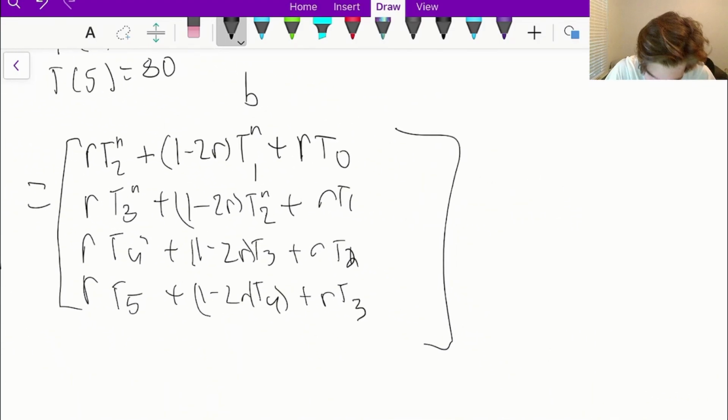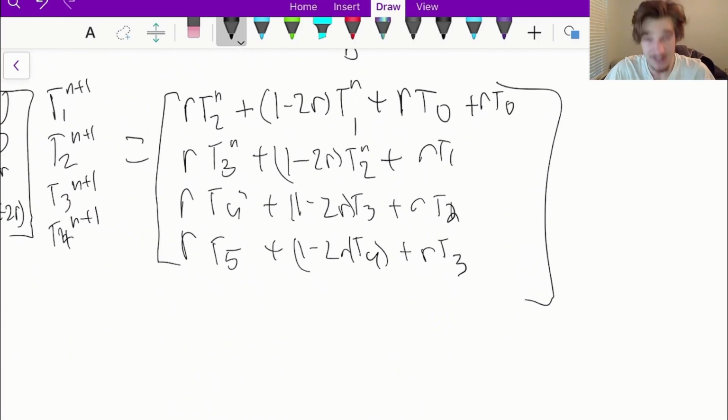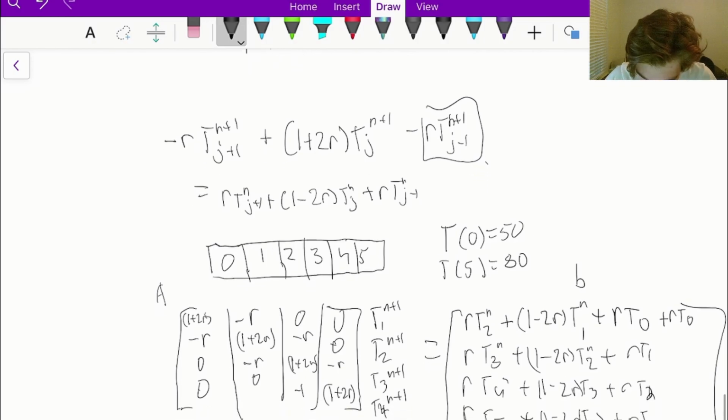So we'll come down here and we add plus r t equals 0. So that right there is coming from this point. And then at the very last spot, right, we have to add r times the temperature at 5, because we know that right there, right? And that gets shifted over as well. So since those are already known values, we can go ahead and add them to the equations.